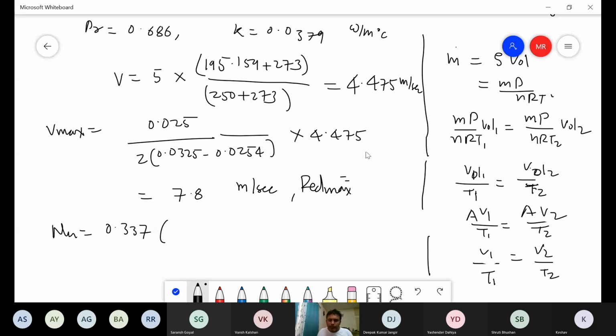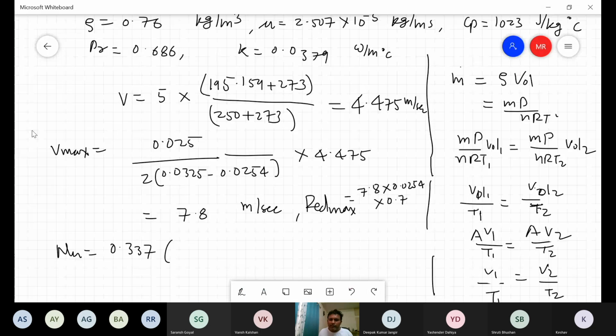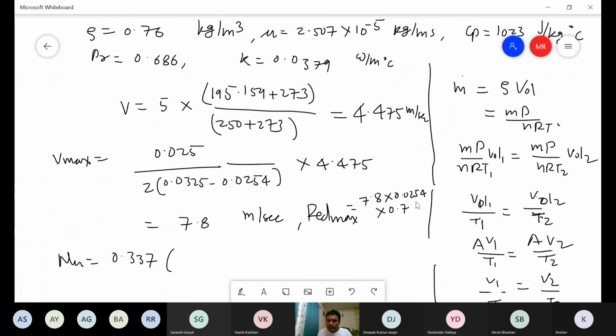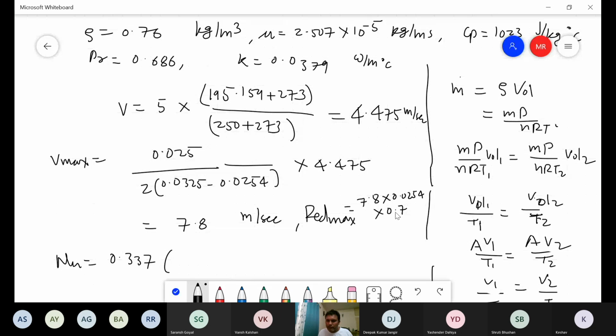That will be 7.8 into 0.0254, that is d, into rho. Rho in this case is 0.76, which I have given, divided by mu.